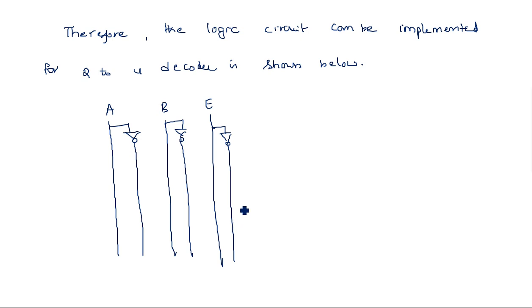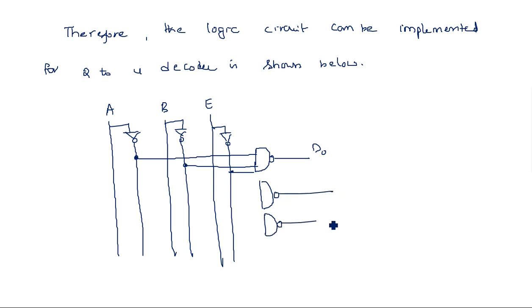Okay, so for D naught we need one NAND gate. What is the NAND gate input? A bar, B bar and E bar. That is D0. And then D1, D2, D3.